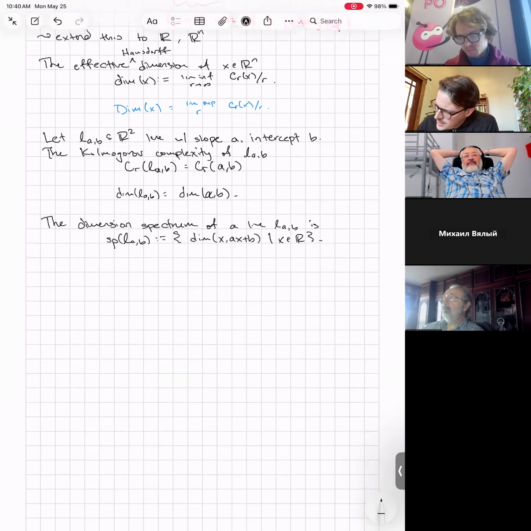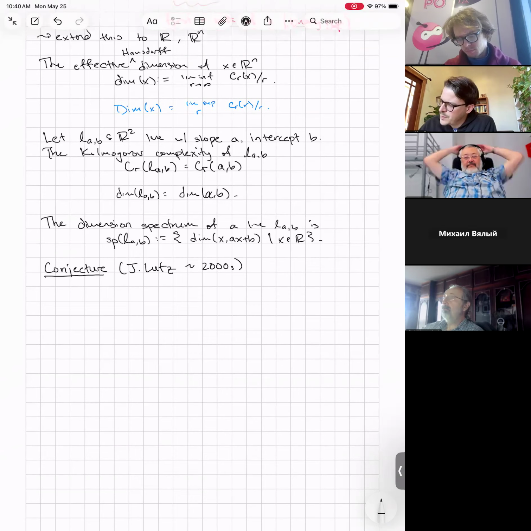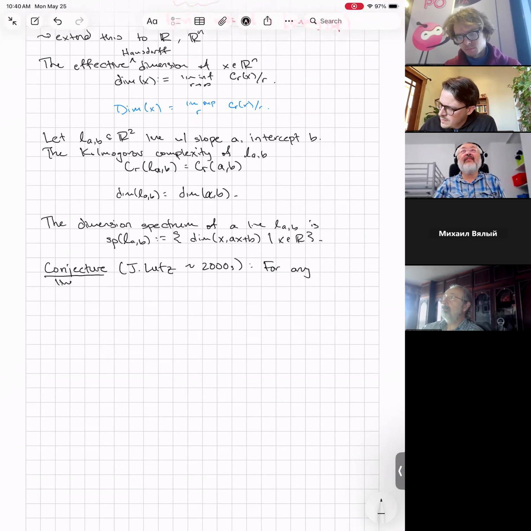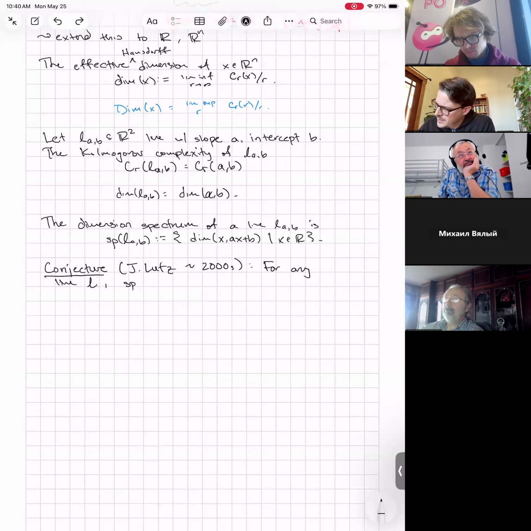And the conjecture posed by Jack Lutz in the early 2000s was that for any line L, the dimension spectrum of L contains a unit interval.